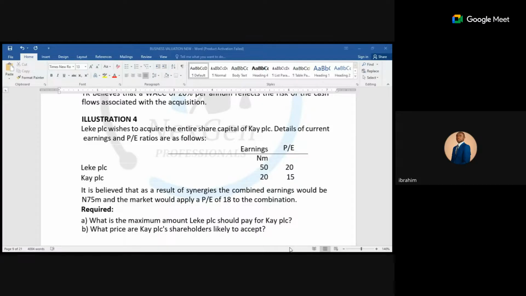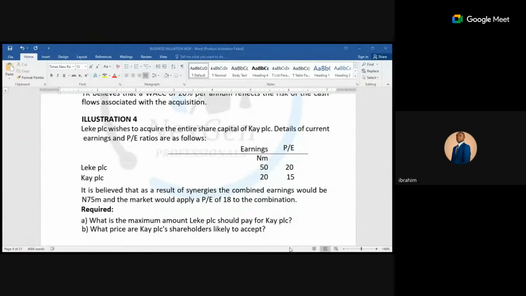It is believed that as a result of synergies, synergy means that if you had A and B together, it will give us 5 because of their weight.